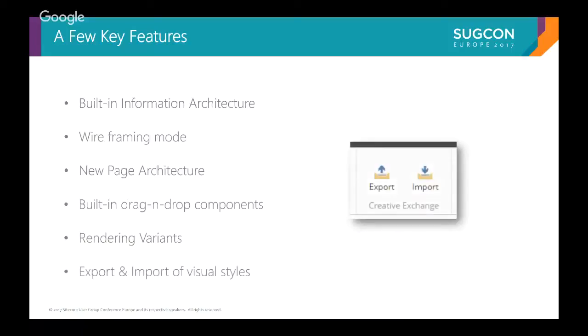What makes this whole thing possible, with allowing content authors to get in and enter content in that wireframing mode, is Creative Exchange. Creative Exchange allows you to take that wireframing template, that wireframing style, export it all to a static site, and hand that off to your front-end developers.